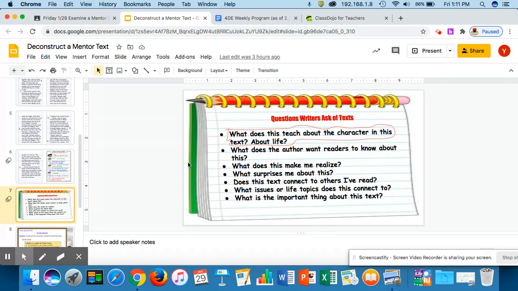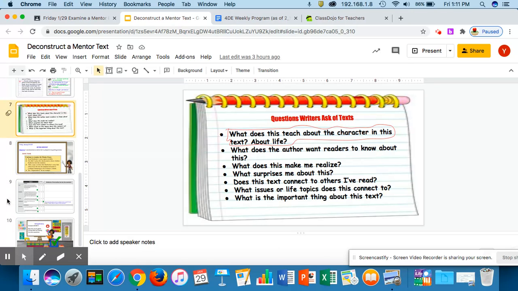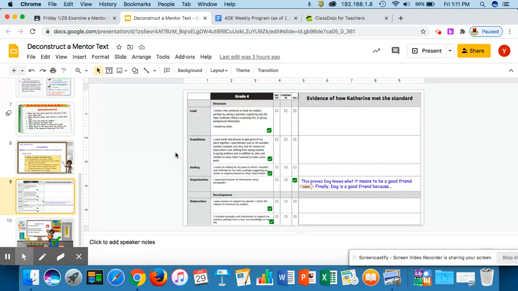Then, because we were able to see the relationship between her thesis, which is her opinion statement, and her reasons and her examples, we could also figure out what question she probably was responding to, which is this one about character and life. Now, your assignment is to also examine whether she met the standards for the essay.